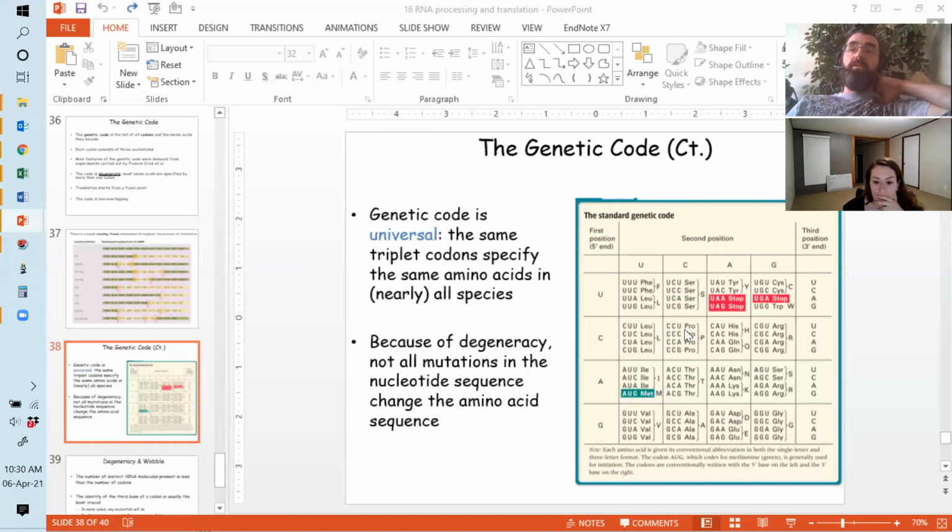And these 2 amino acids are quite different from memory. Can't remember exactly how. Not that much of a biochemist. So where that mutation occurs matters. If it occurs in the third base of that codon, most likely, not guaranteed, but most likely, that will not result in a change in the amino acid.